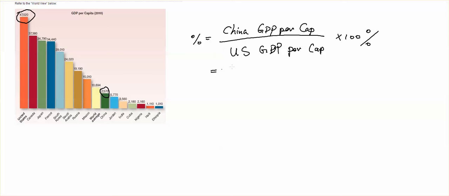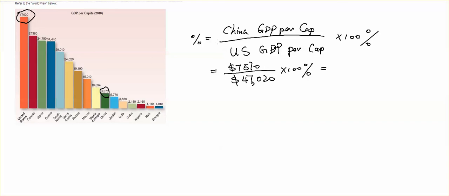Now we know the Chinese GDP per capita is $7,570, divided by the US, that is 47,020 US dollars, times 100. And then you can use a calculator to work on the question.